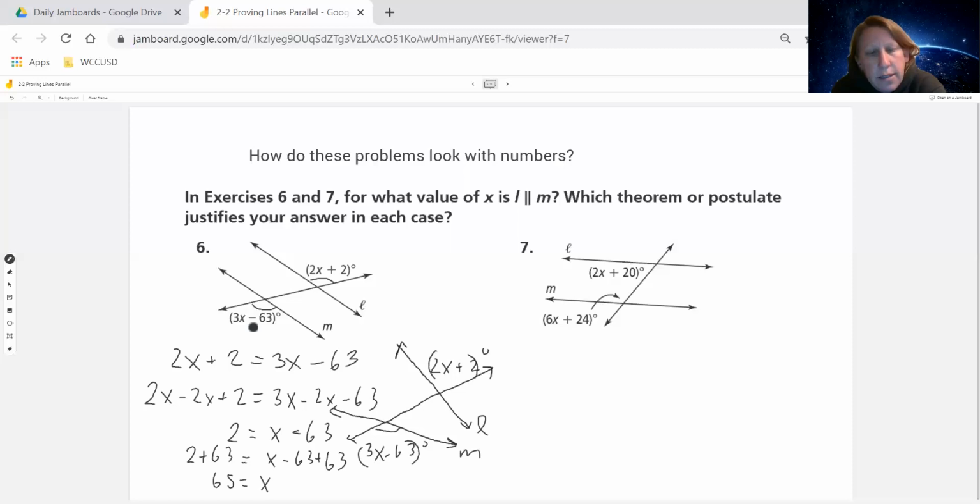Then I get x is 65. Okay, if x is 65, then 2 times 65 plus 2 is the same as 3 times 65 minus 63. This is the number for x that would make these lines have to be parallel.